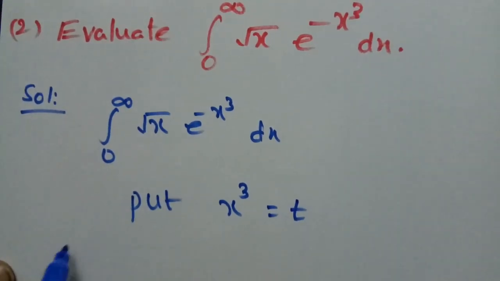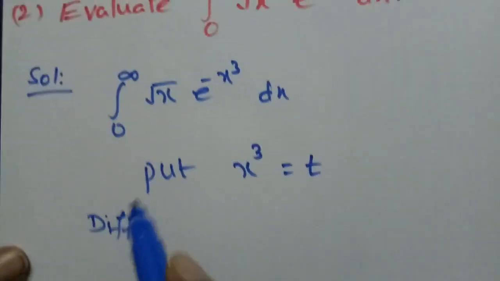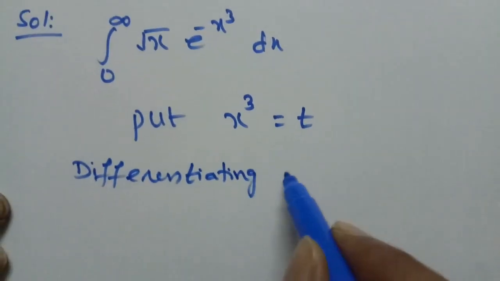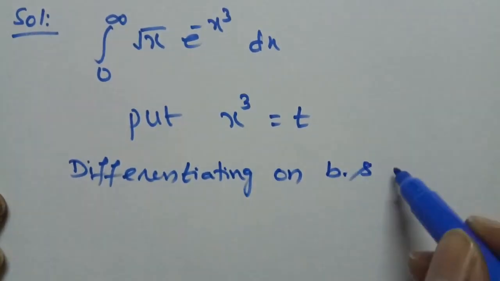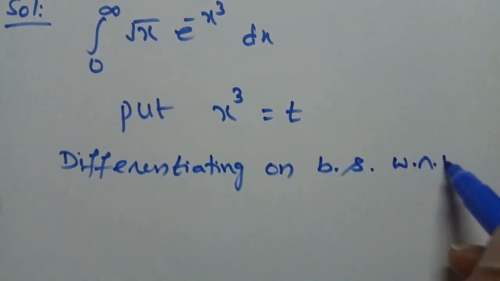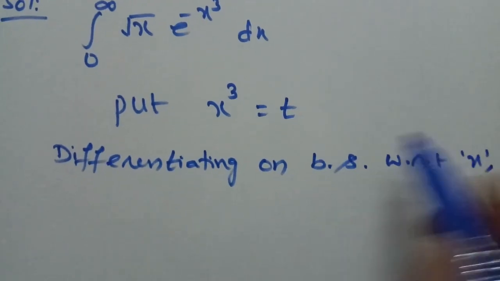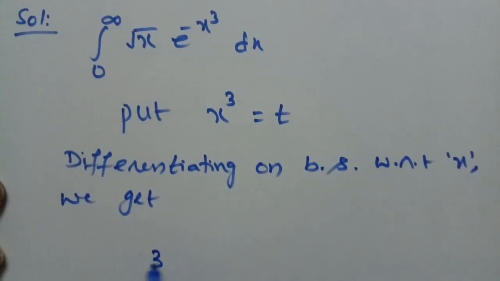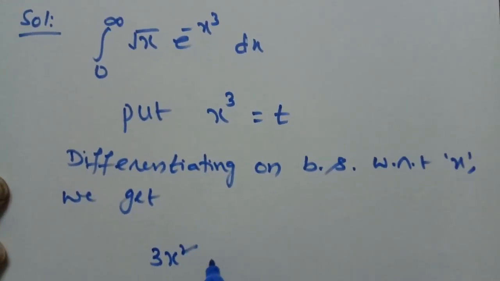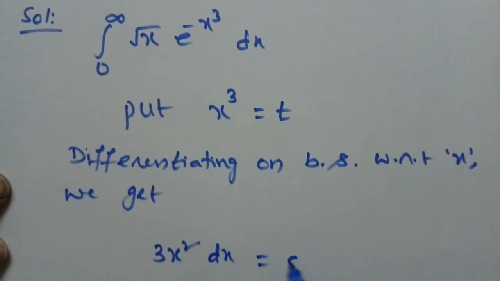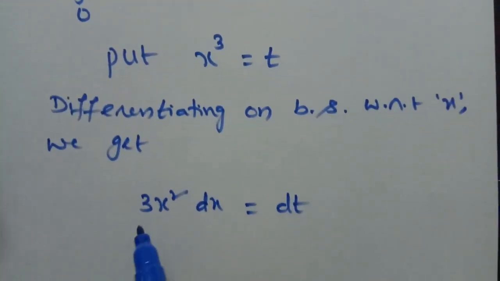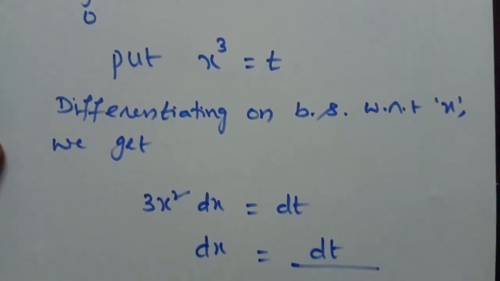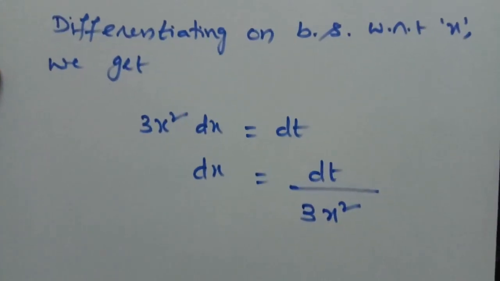Differentiating on both sides with respect to x, we get 3x square is equal to dt by dx. By cross multiplication, dx is equal to dt by 3 into x square.